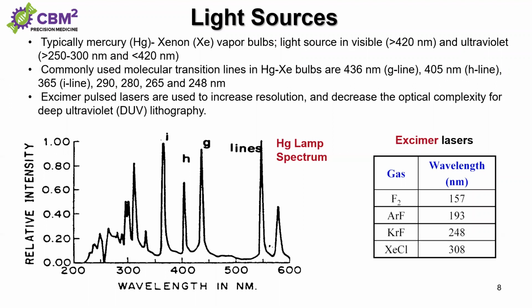Conventionally, people mostly use the G line, H line, and I line, but people also use other wavelengths. How do you determine this line? I will discuss it later, but the wavelength of the light for photolithography determines the smallest feature you can achieve with this process.